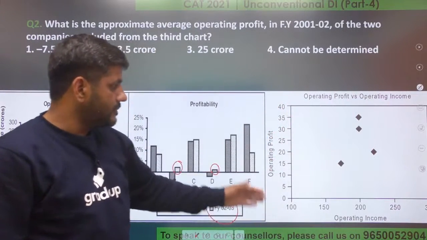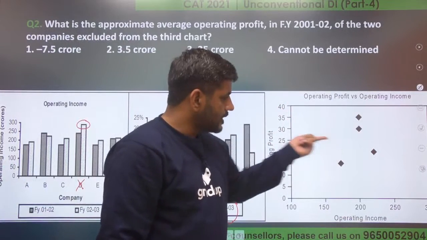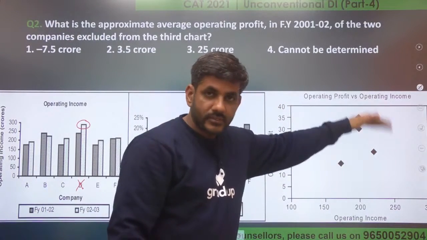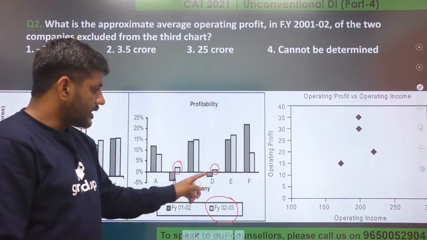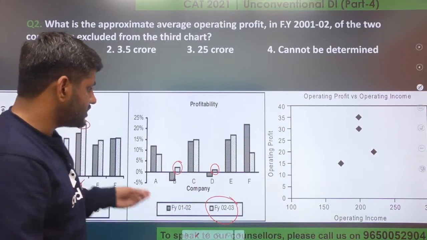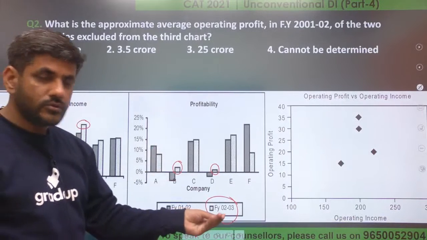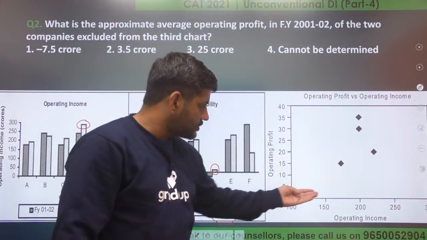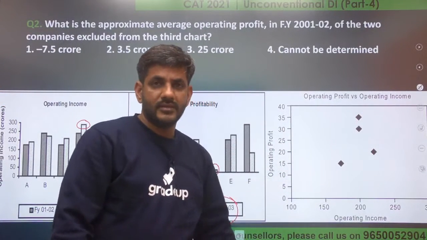So 2002-03 में if these are their profits and these are their incomes, my point is a company like D whose profitability is just 1%, that means their profit is just 3 crores, it cannot be here क्योंकि 3 crores पे होते तो यहाँ कोई point होता, it should have been here somewhere.